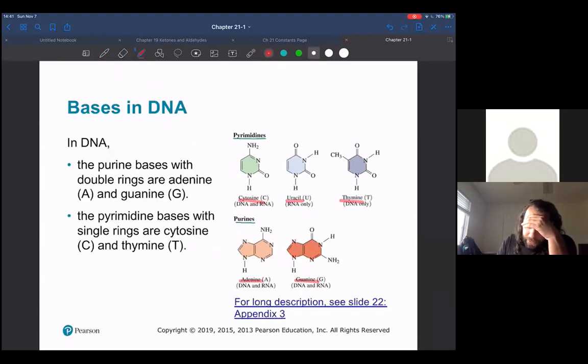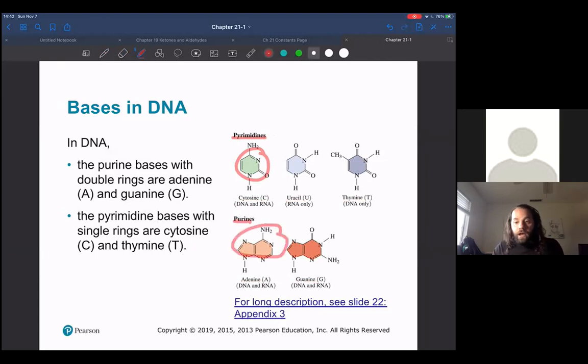And we want to be able to classify these. If I ask you, is cytosine a pyrimidine or a purine, you want to be able to know that. You can notice that the longer name leads to the shorter structure. Pyrimidine is a much longer word than purine, and pyrimidines are smaller structures. So the longer name leads to the smaller structure, and the shorter name leads to the larger structure.